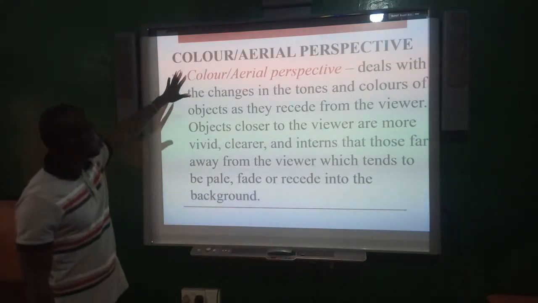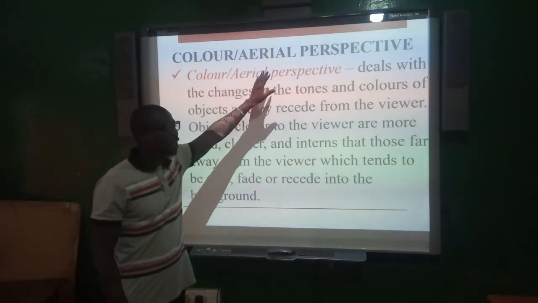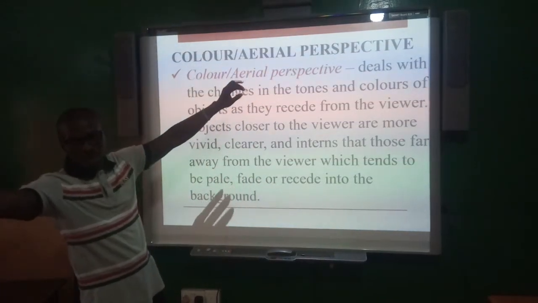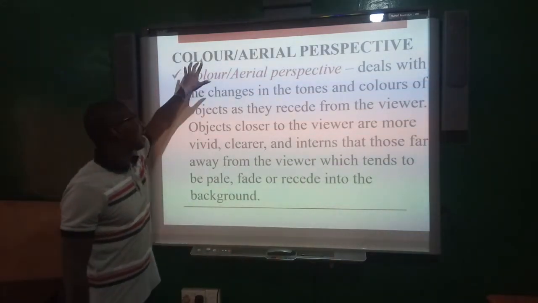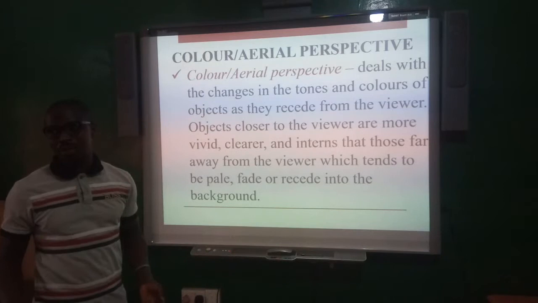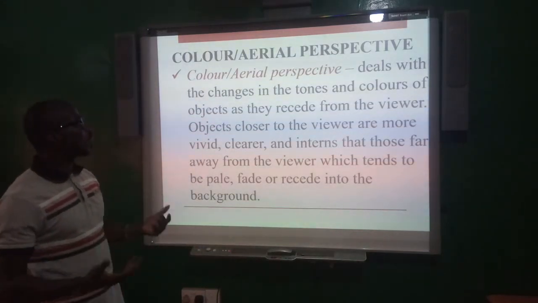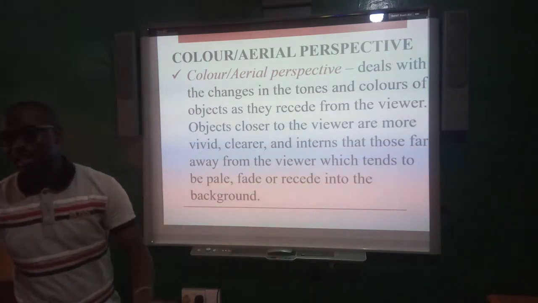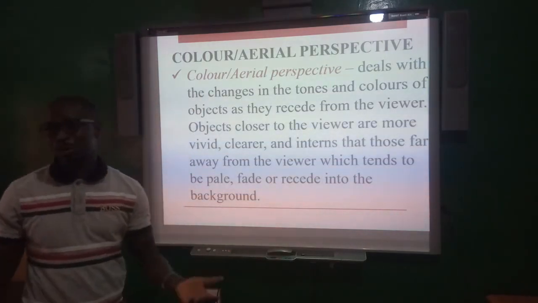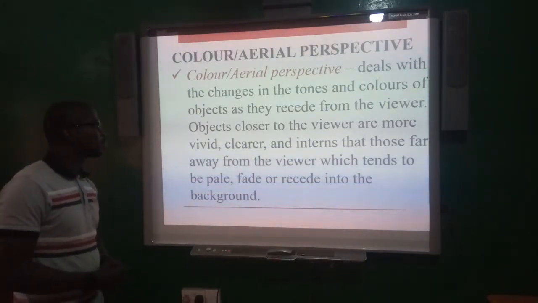Mind you, color perspective is the same as aerial perspective, is the same as atmospheric perspective. In some books, they wouldn't even write color perspective, they will write atmospheric perspective. If you don't see color perspective and atmospheric and you see aerial perspective, it is the same. Okay?